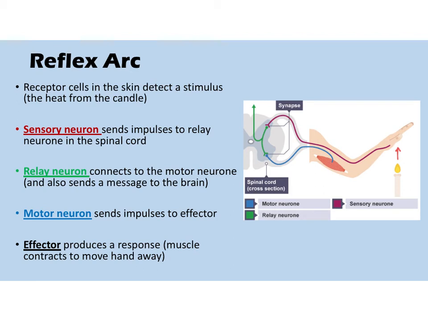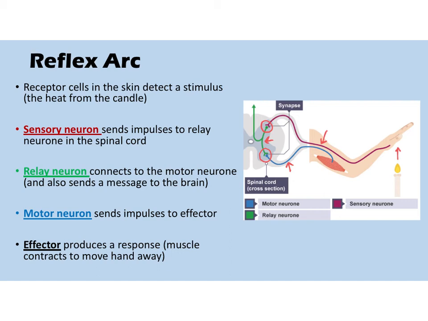So this red line here is the sensory neuron. There's a synapse to the green one, which is the relay neuron. There's a synapse again to the blue one, which is the motor neuron. So the motor neuron sends impulses to the effector.